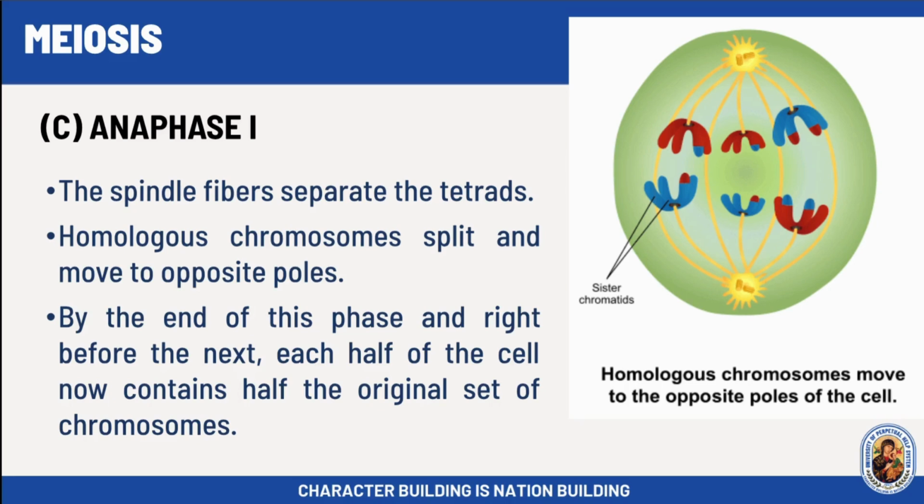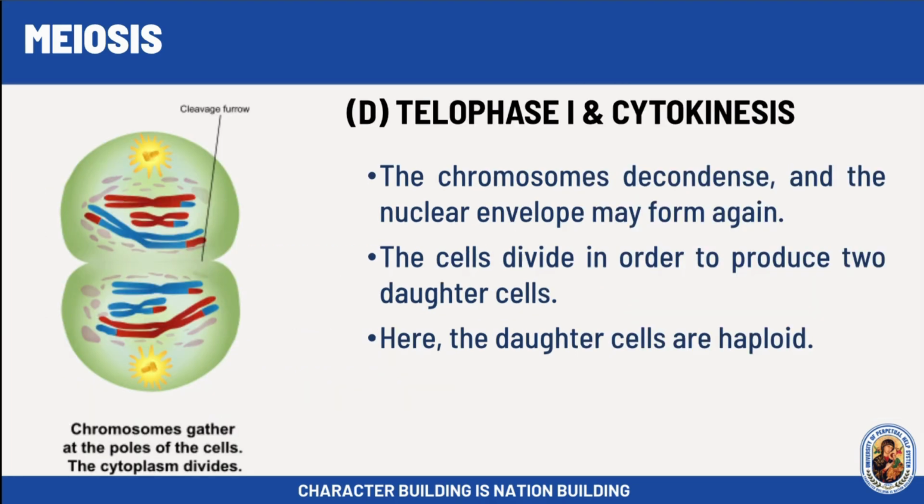In this one, we can see that the chromosomes are still in their chromosome form, in comparison with mitosis, where by this phase it would already have been sister chromatids. After this, we'll come to telophase and cytokinesis.